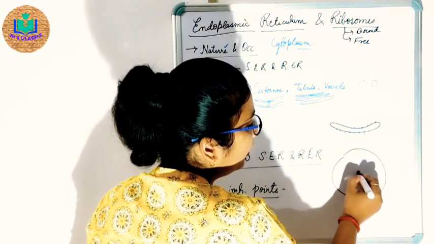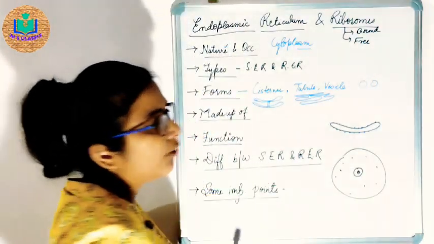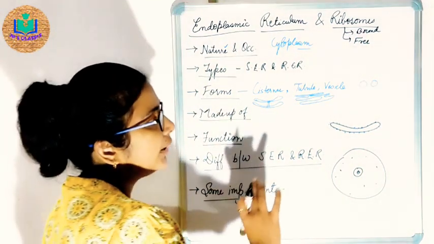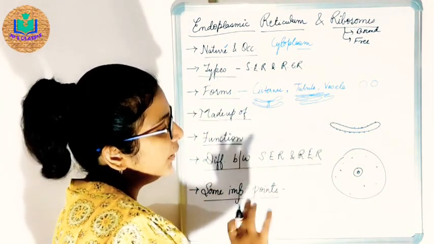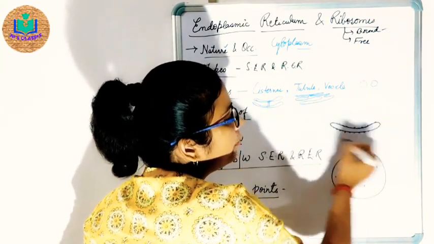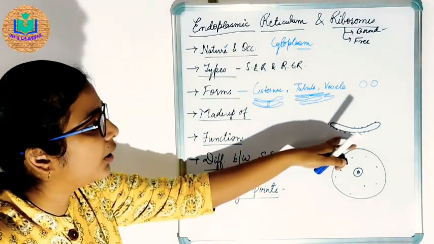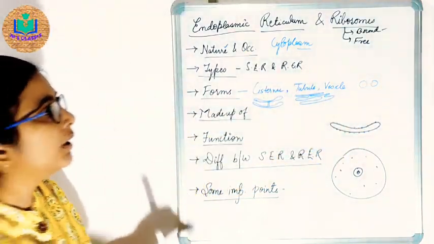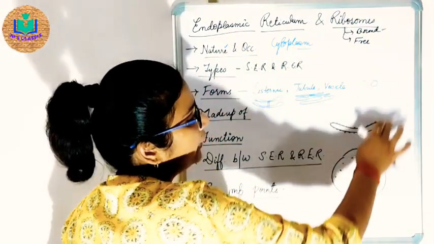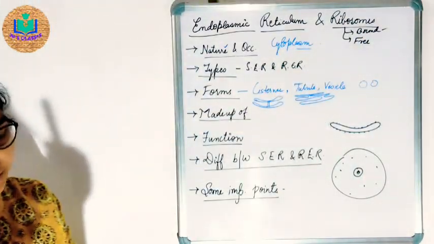This is the cell, this is the nucleus, and free form ribosomes are present freely. They can easily move from here to there in the cell. And bound form is bounded, as explained earlier, that endoplasmic reticulum has some ribosomes on its surface. These ribosomes which are present on endoplasmic reticulum are known as bound ribosomes.